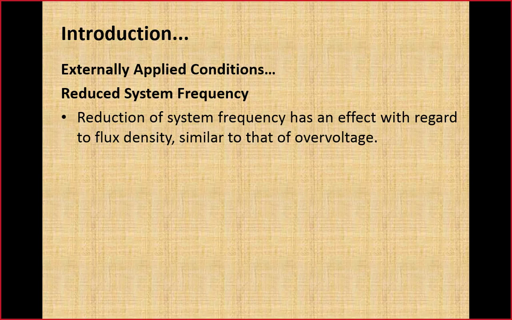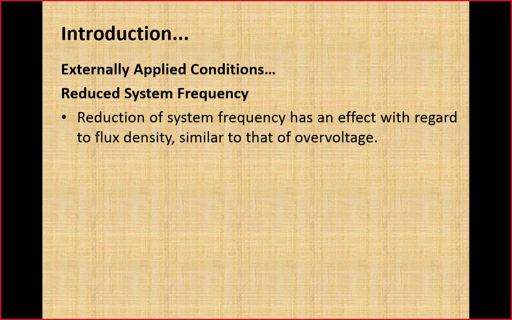We will discuss later that this type of protection is provided based upon both parameters, voltage and frequency, and protection is provided based upon the ratio of voltage to frequency. So it means transformer operation can be done at some higher voltage and higher frequency.